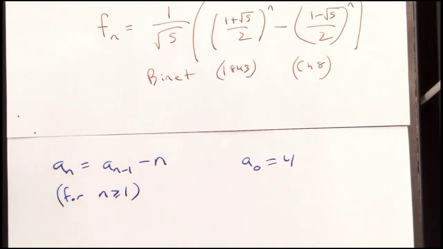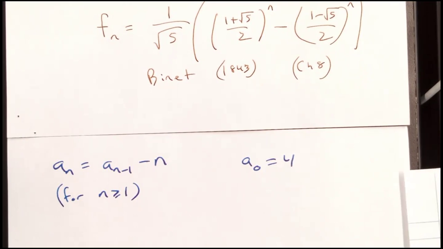Here is a depth 1 recurrence. Let's write out the first 6. So I want A1 through A5 because I have A0.